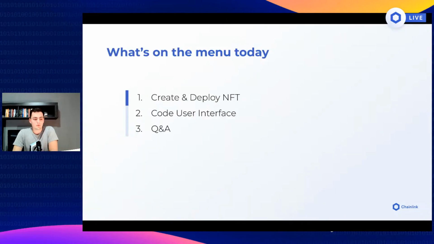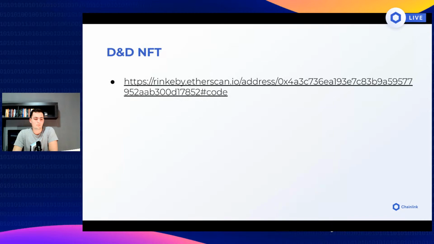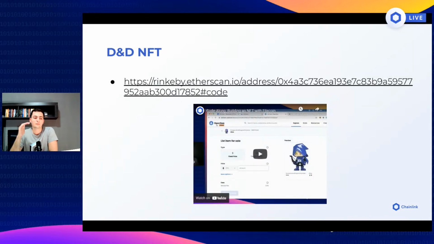So let's start with the agenda. First, we're going to create and deploy an NFT. Then we are going to code our user interface, and a little Q&A at the end. We are going to start with this Dungeons and Dragons NFT created by Zach Ash on, I think it was Tuesday. It was a code along building an NFT with Filecoin workshop.